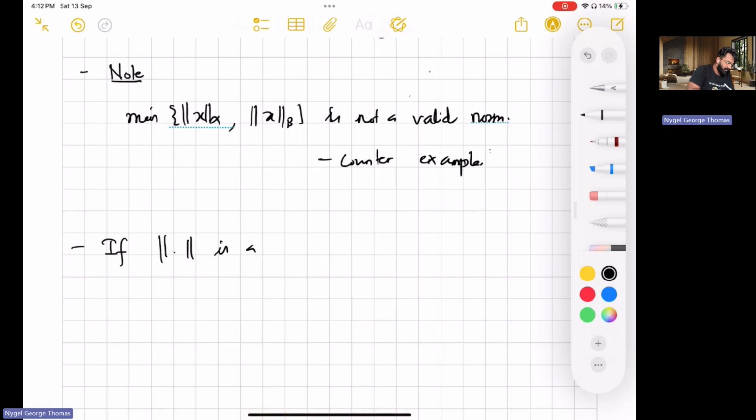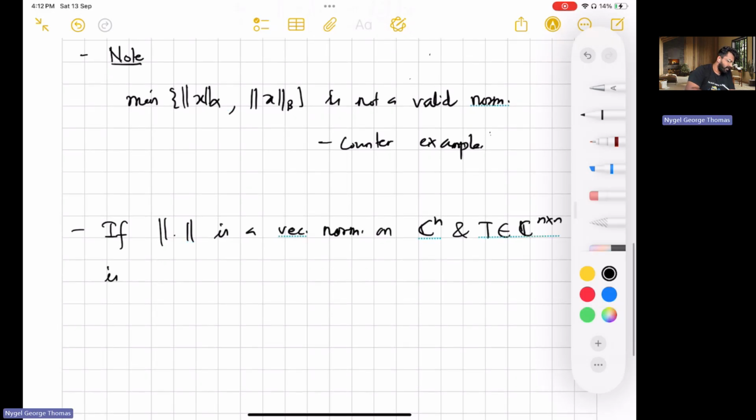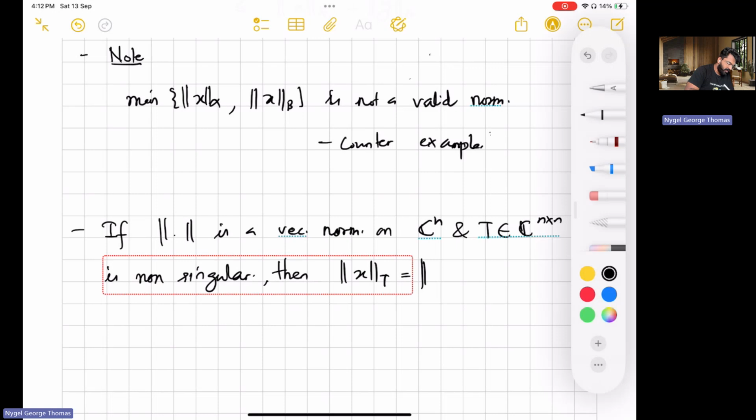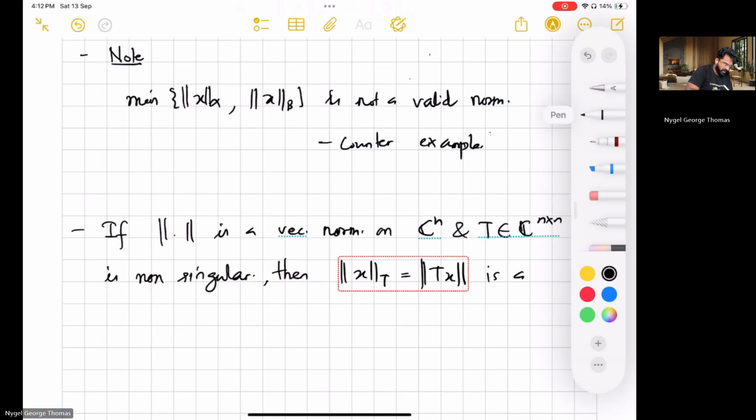If this is a vector norm on Cn, and T belongs to C n cross n and is non-singular, then the norm defined as the norm of T times x is a vector norm. So we can form a new norm using a matrix.